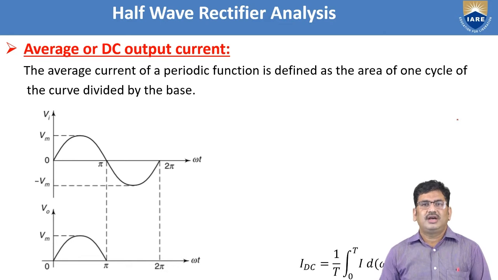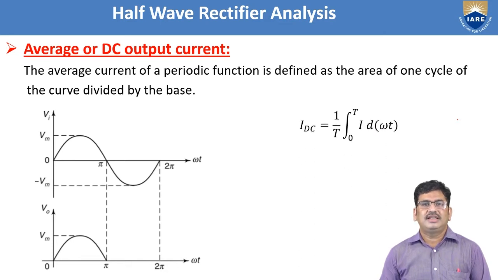Now we will see the analysis of the DC current or average current. As per the definition, IDC is given as, for finding the area we need to integrate from 0 to T, the time period T, of i d omega t, divided by the entire duration, that is T. In the half-wave rectifier case, the time period T is 2 pi.